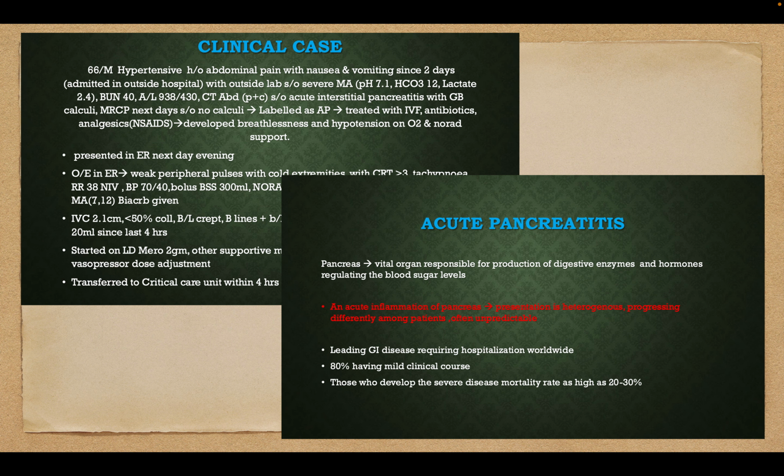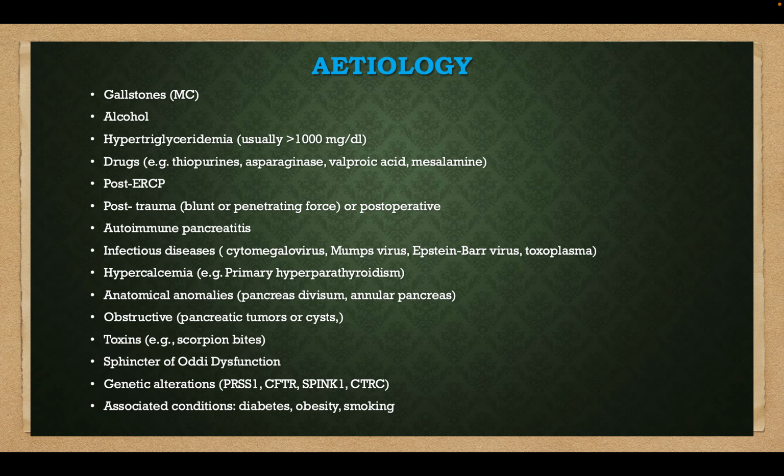So acute pancreatitis is acute inflammation of the pancreas, and presentation is most of the times heterogeneous, progressing differently among different patients, and it is often unpredictable. It's a leading GI disease requiring hospitalization worldwide, and about 80% would have a mild clinical course, whereas about 20 to 30% would have a severe course and have significant mortality to the tune of about 20 to 30%.